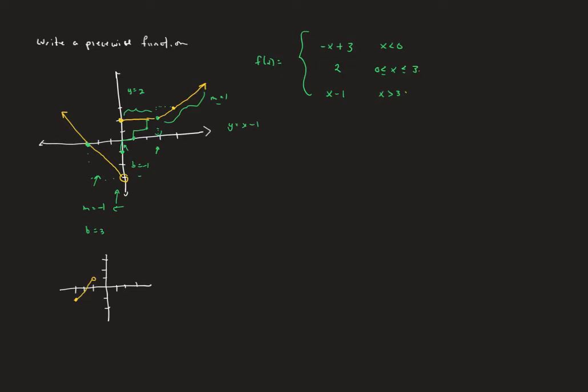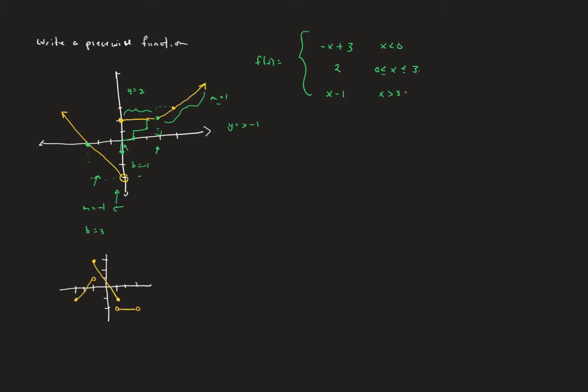Then we're going to jump up to negative 1, 3 and have a solid dot. And we're going to have another solid dot at 1, negative 1. And that's going to put us with another straight line segment that goes through there. And then we're going to have an open circle at 1, negative 2, and an open circle at 3, negative 2, and that's going to be a horizontal line segment there.